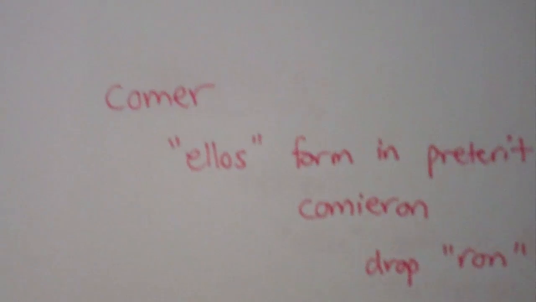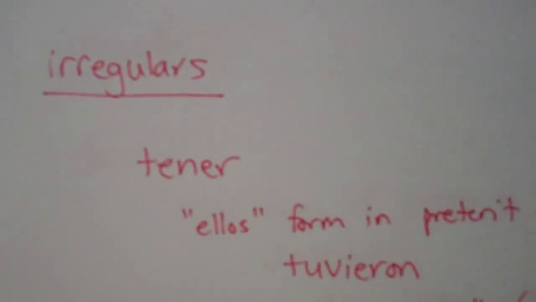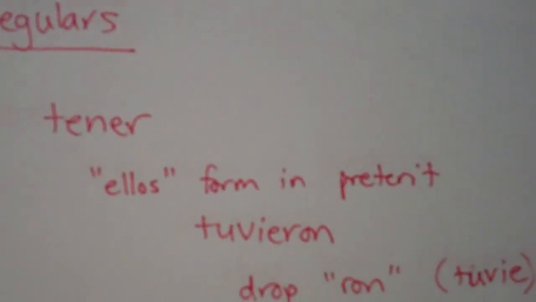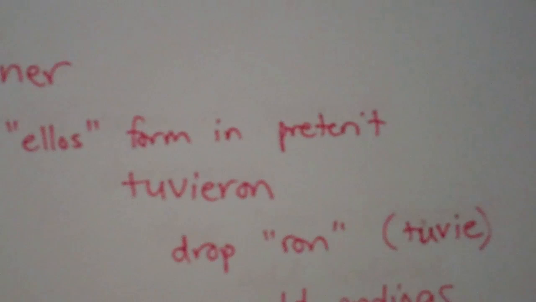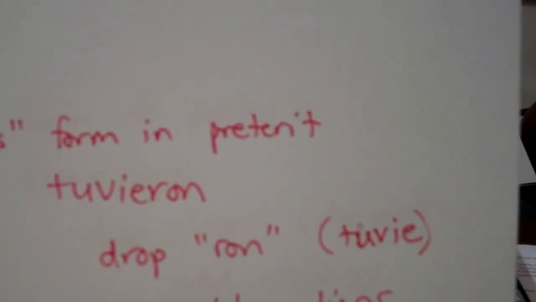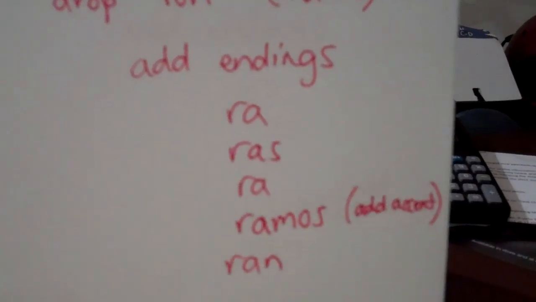So again, we just added our ending to the stem that was left after we removed the ron. This same idea works for all irregular verbs as well. So if we take one of our irregulars, tener, and we form it in the ellos form in the preterite, tuvieron, we drop our ron ending, we're left with tuvie, and then we add our imperfect subjunctive endings.